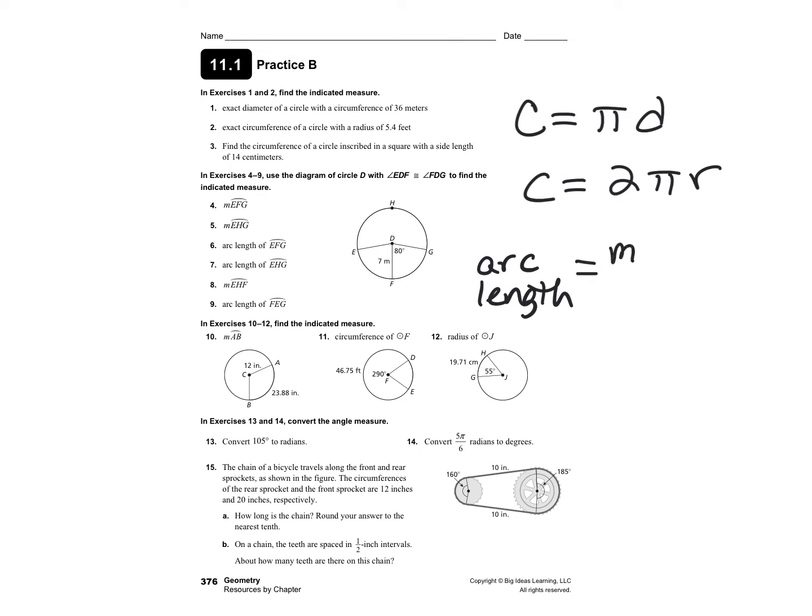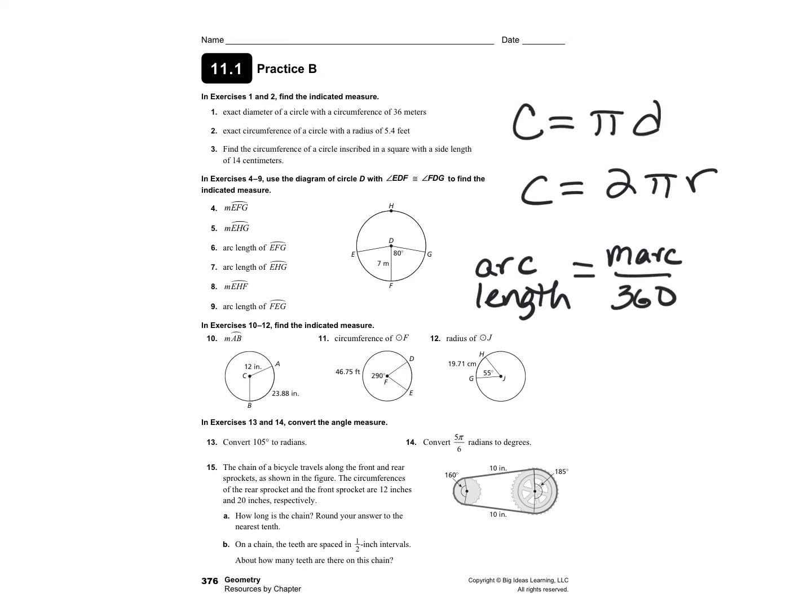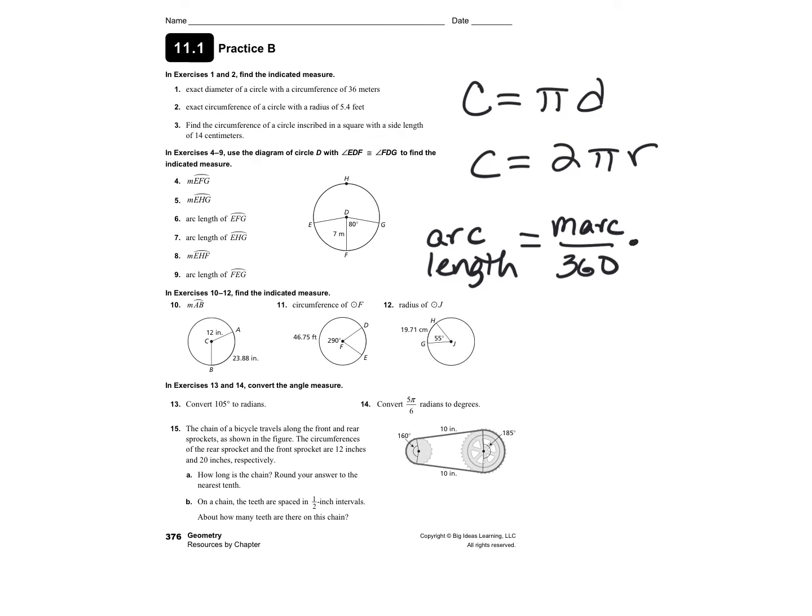And that's going to be the measure of the arc over 360. And now what's going to get multiplied to this fraction is either going to be capital C, if they give you the circumference already calculated, or you could also replace that capital C with just pi d or 2 pi r. So these are the 3 different variations of the formula for arc length.